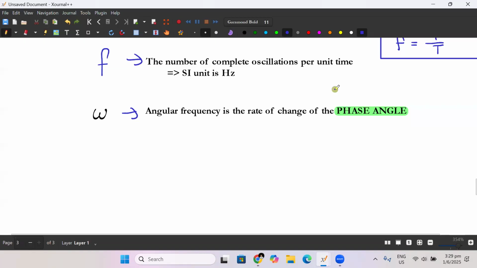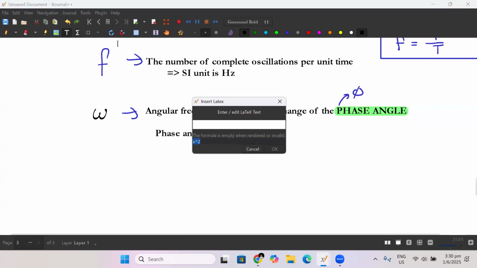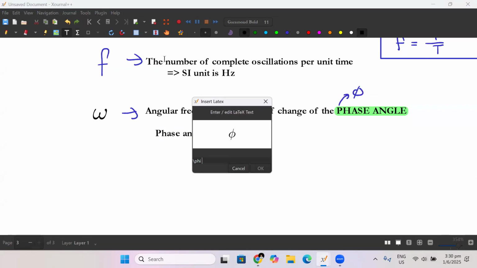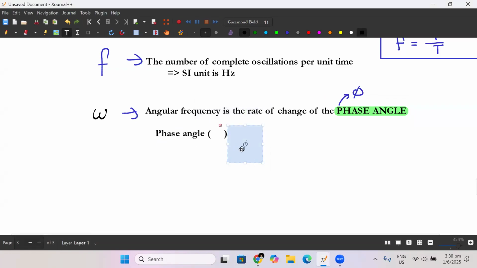So the phase angle is phi. We can define phi this way. Phi here refers to the stage of the oscillation.